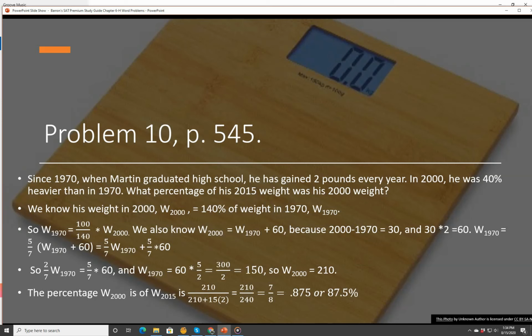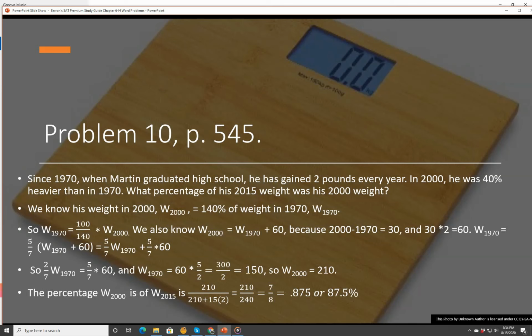So 2/7 of the weight in 1970 is equal to 5/7 times 60, and then W1970 is equal to 60 times 5 over 2, which is 300 over 2, which is 150, so W2000 is equal to 210, because it's 150 plus 60.